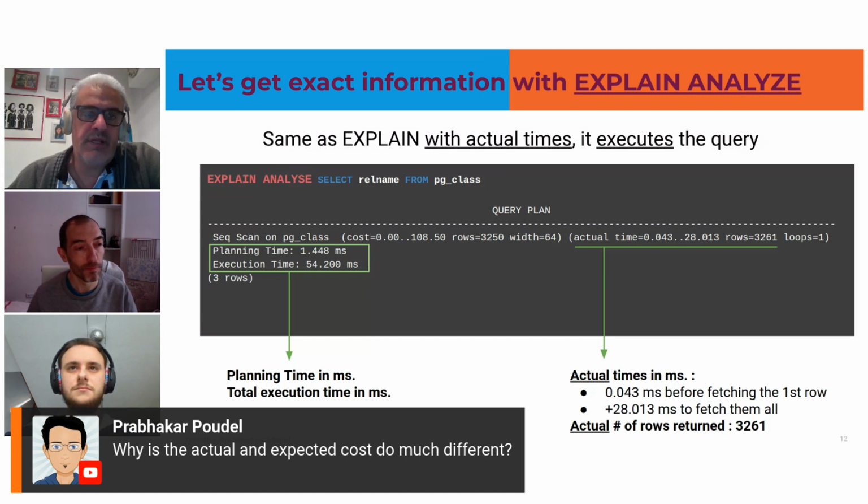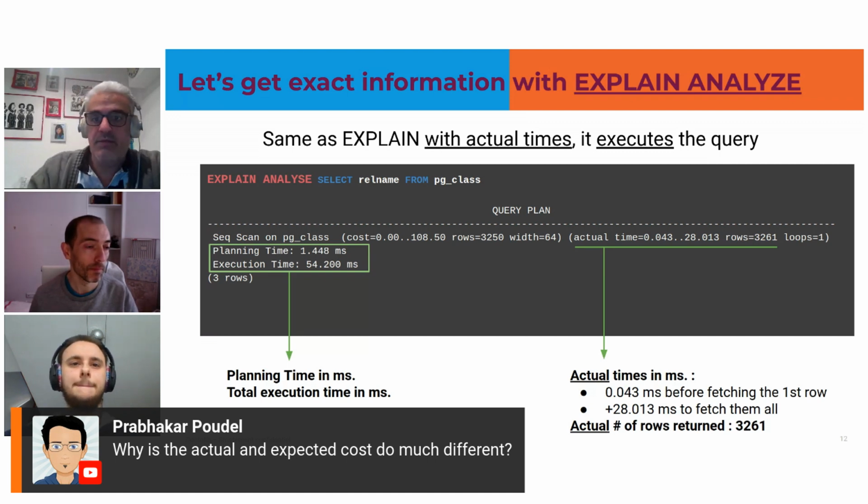Postgres won't scan your tables entirely to know exactly how many rows you have. Actually, it will take what we call samples of the table or the index, and it will try to estimate how many rows you have. That's why there's a very little difference between the estimated count of rows and the actual number of rows.